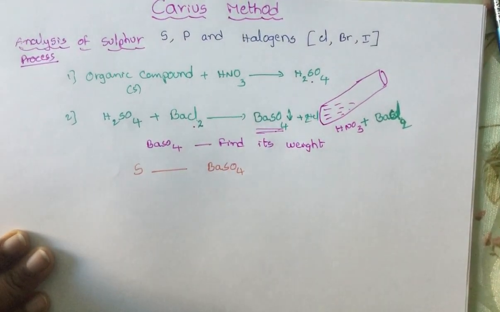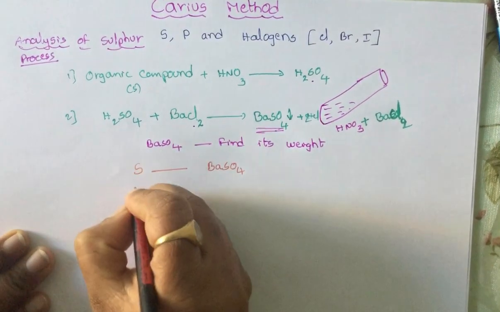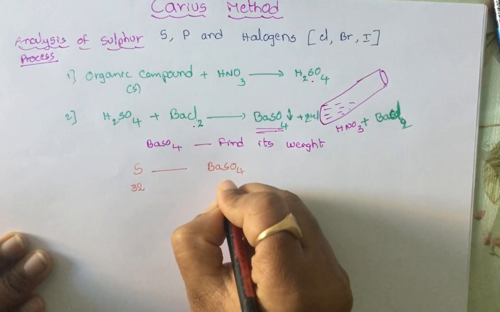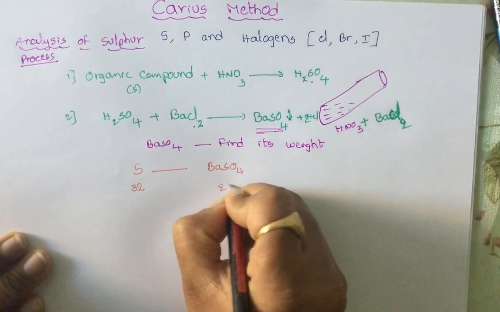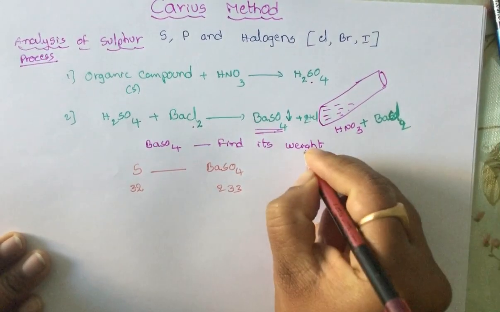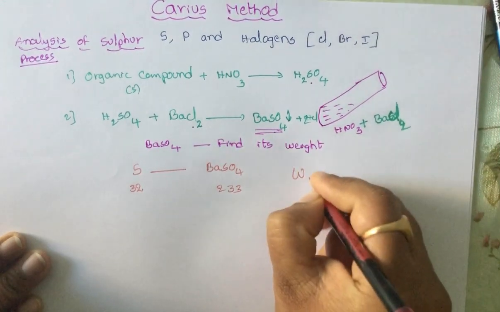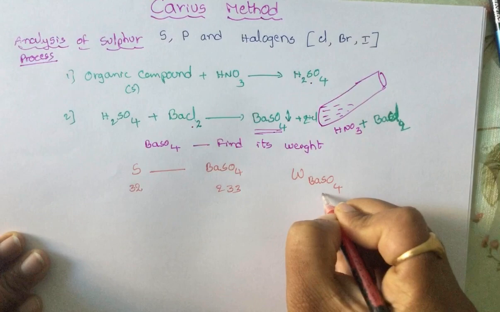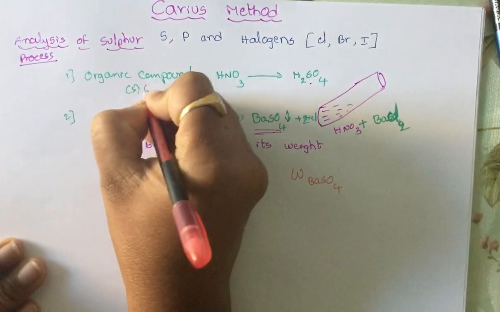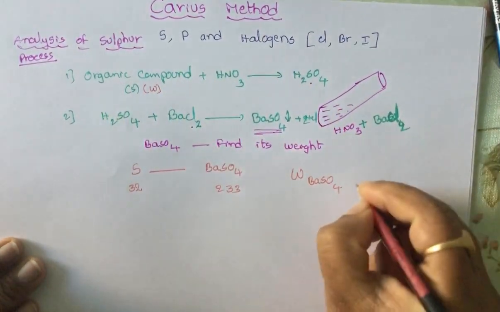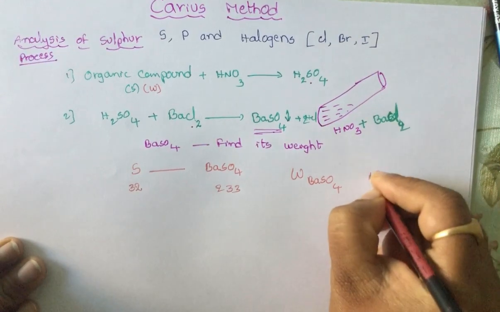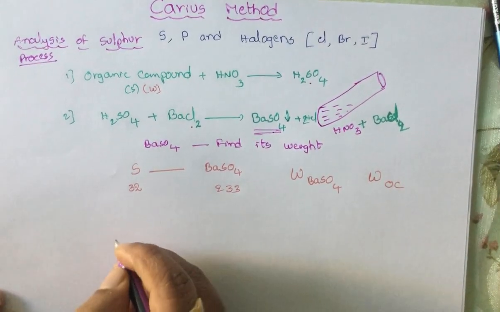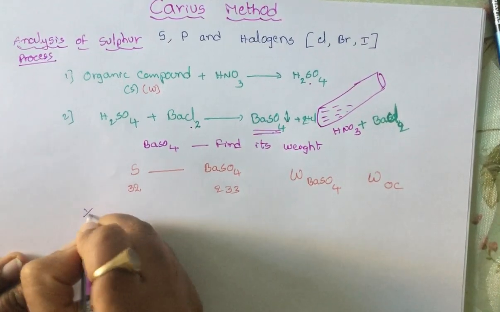Sulfur is converted to barium sulfate, and we know the atomic weight of sulfur is 32 and gram molecular weight of barium sulfate is 233. And what else do you know? You know the weight of barium sulfate. From the above experiment we determined this, and you also know the initial organic compound weight, W, of the organic compound. Now how can I determine percentage weight of sulfur?